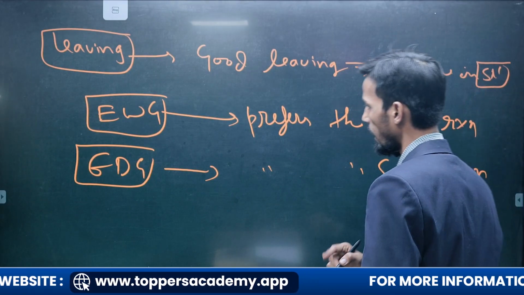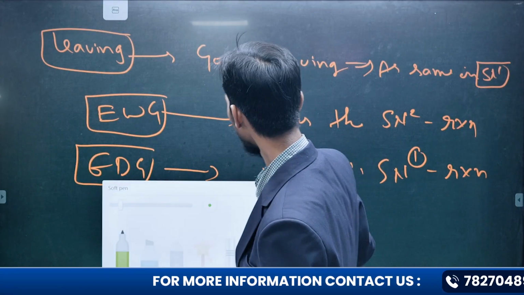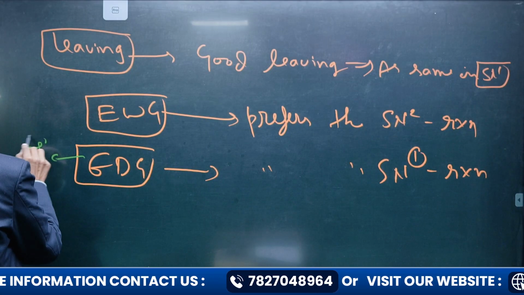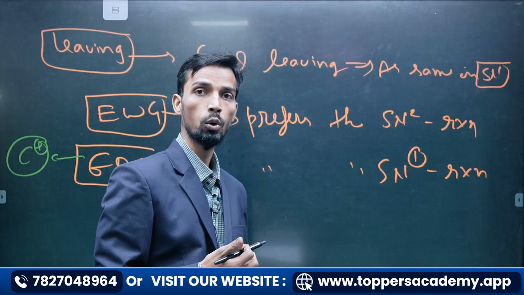Why? In the SN1 reaction we have the carbocation, so this carbocation can be stabilized with the help of an electron donating group.